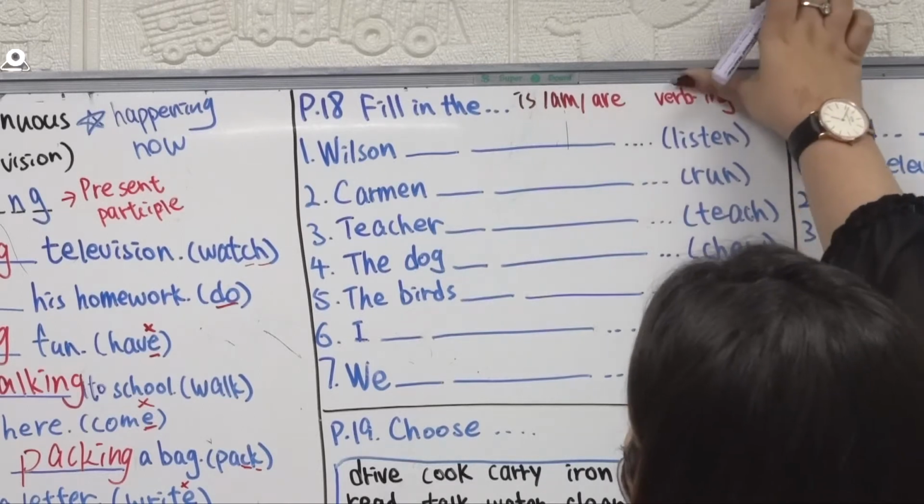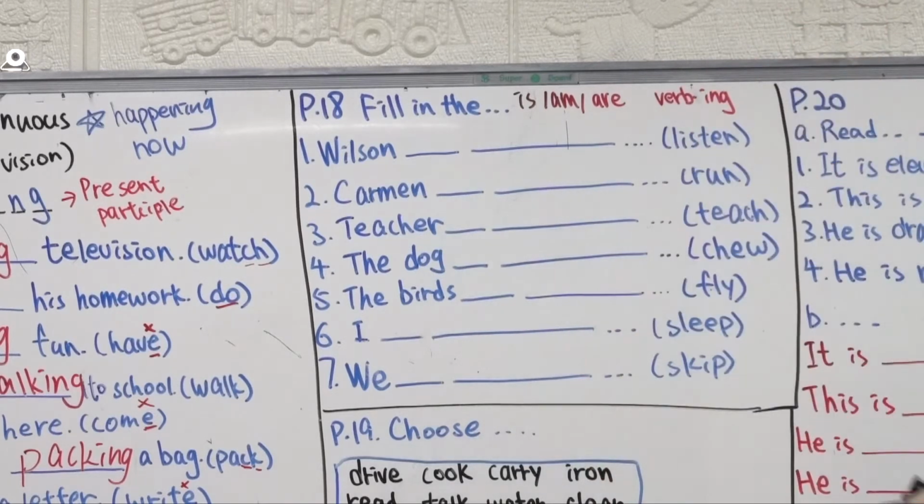We call this present participle. I write verb with ing because it's easier for you to understand. Verb ing, remember that's called present participle. So let's fill in the blanks together, okay? So have a look on page 18. I think the first one has been done for you, right?